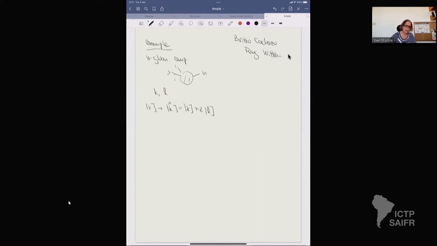And then we take the spinor l and shift that to a spinor l hat, which is equal to l minus z k. And that's all. All the other spinors stay as they are.